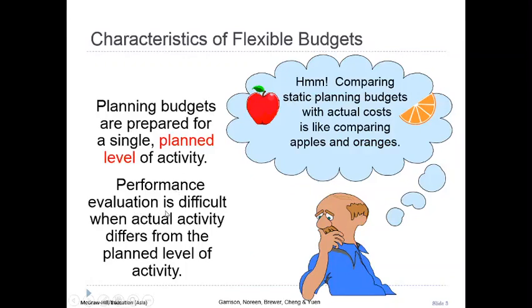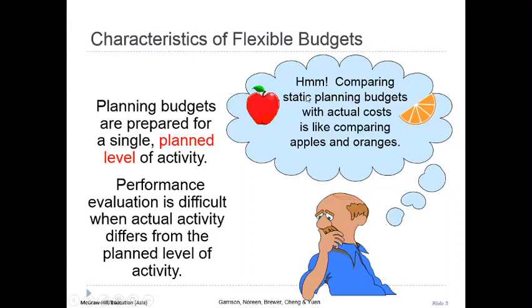Performance evaluation can be difficult when actual activity differs from the plan level of activity. The planning budget is only our target, only an estimation or prediction or goals that we wanted to achieve. However, the actual activity, the actual revenue and actual cost, will highly likely be different from what we have planned previously.